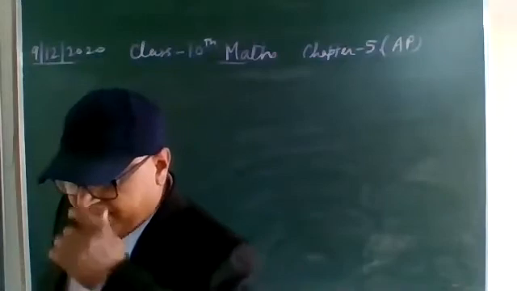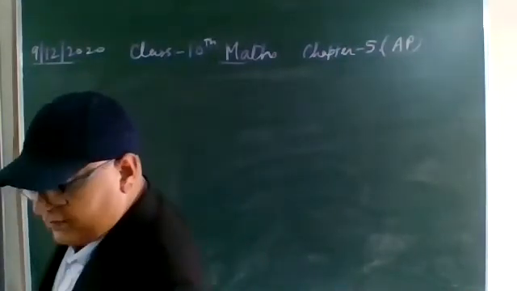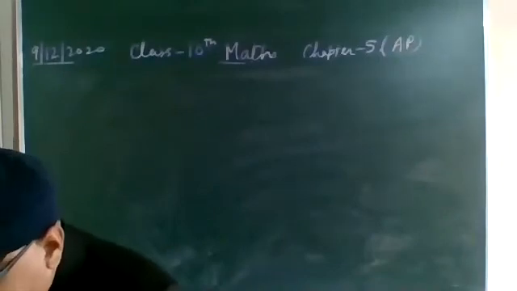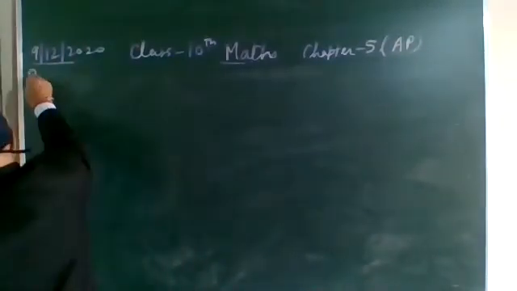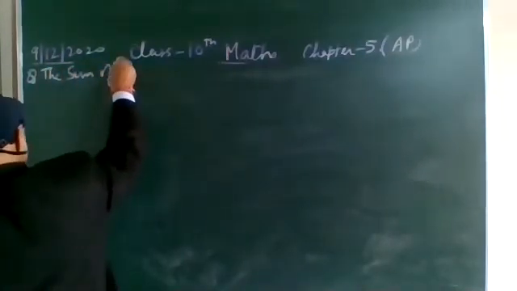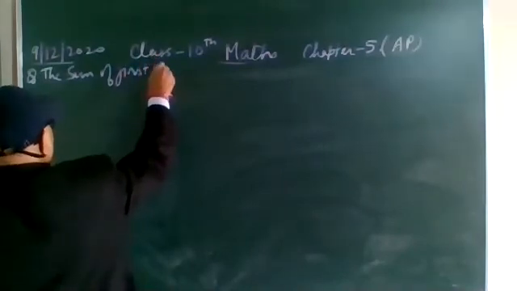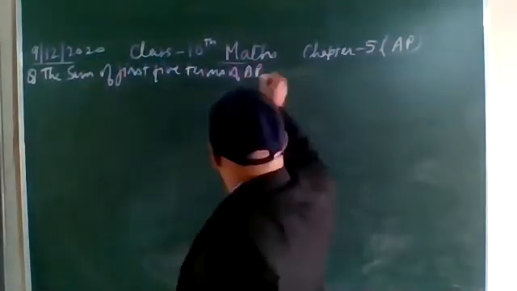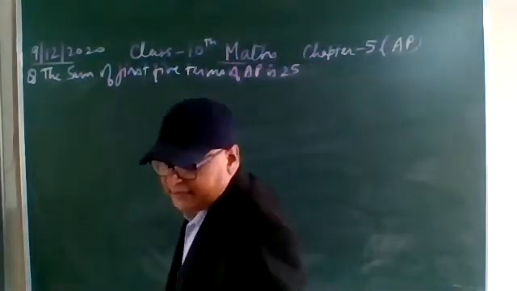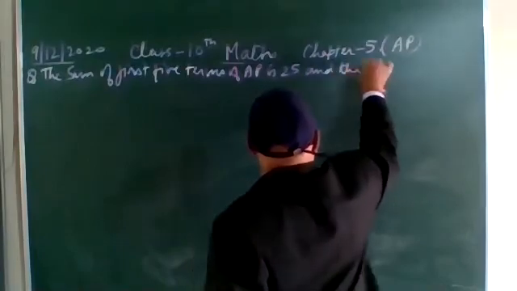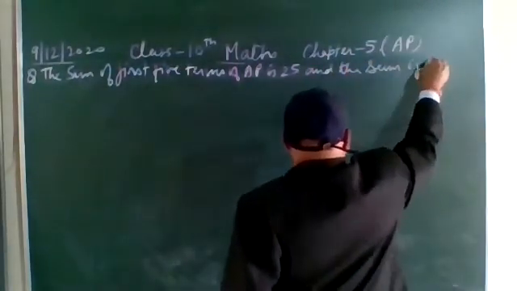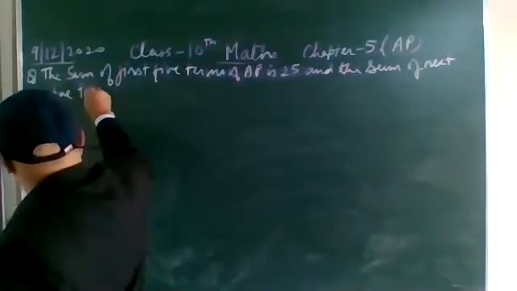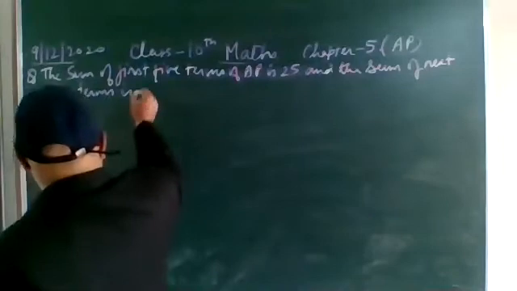Next, the sum of first 5 terms of an AP is 25 and the sum of next 5 terms is -75.